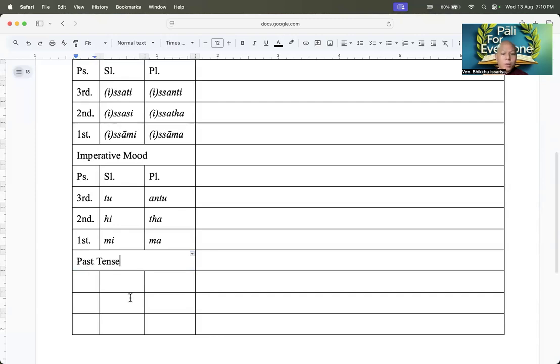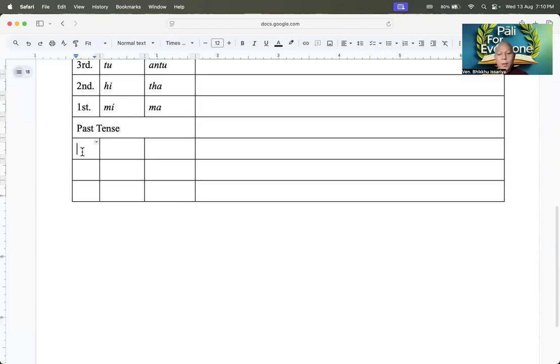So actually, past tense, singular and then plural. That base is so e or i, and then for plural you see o, and then imsu, and then amsu.